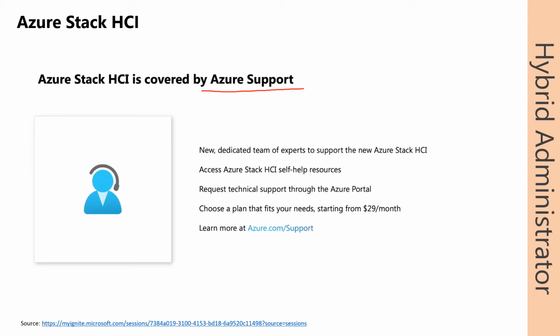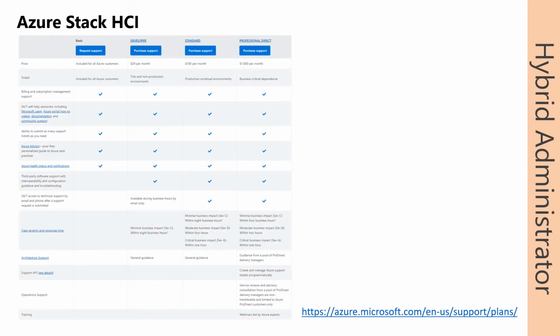It's not included in the $10 per core per month, but the support plans start with $29. So it's not really costs when you are thinking about a cluster. There are different support plans available. Details are available at azure.microsoft.com, your language/support/plans. The basic support is always included for all Azure customers.